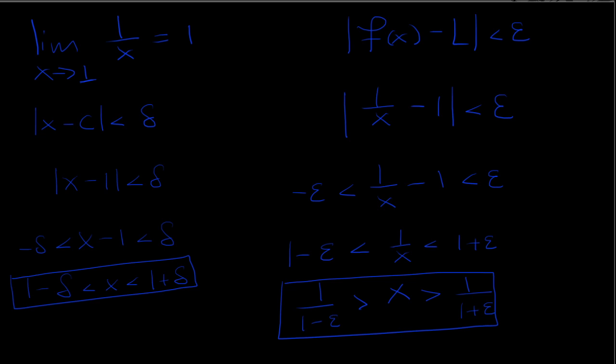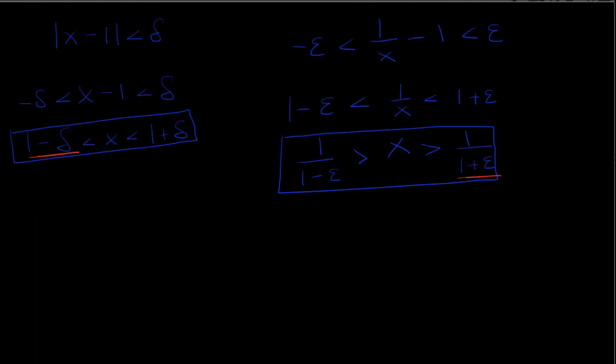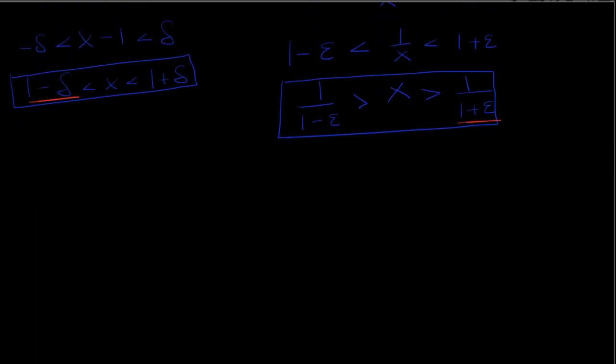The next step is to set the lower bounds equal to each other. So we're going to have 1 minus delta equal to 1 over 1 plus epsilon. I'm going to move the 1 over 1 plus epsilon over, and I'm going to move the delta over.